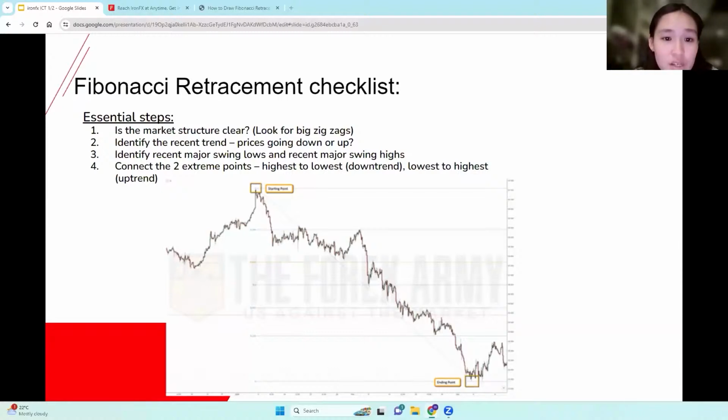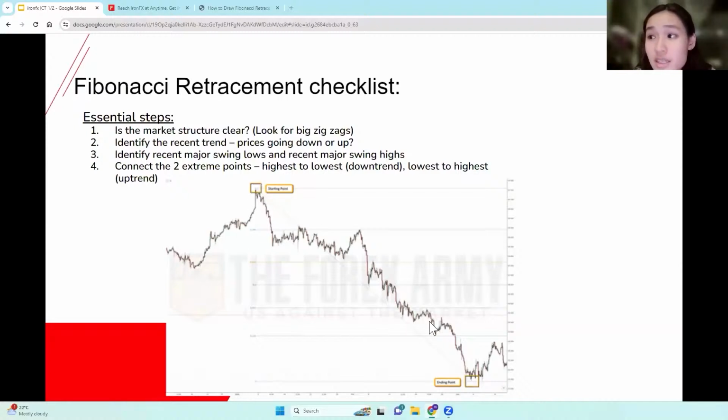Next, we want to look for the recent trend, so is price going up or down, and it's important to always follow the general trend. Next, we identify recent major swing lows and swing highs, like those we've identified previously, and then connect the two extreme points like we have done over here.